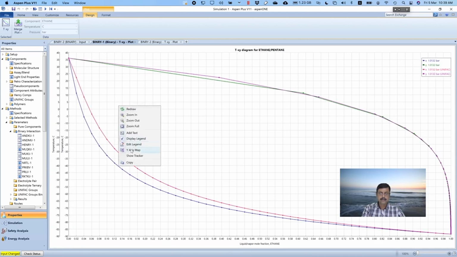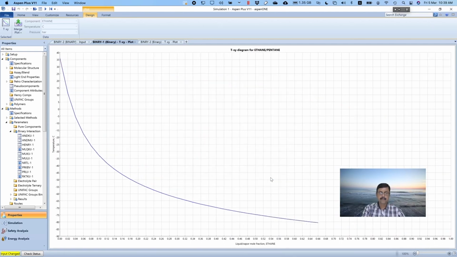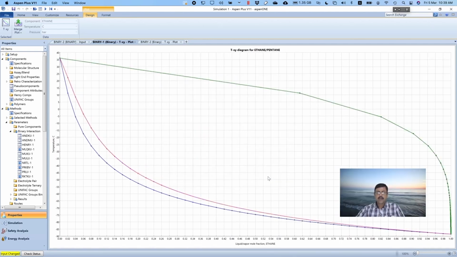Merge the axis also. So you can understand for ethane pentane binary mixture, whether you take ideal model or UNIFAC model, their TXY diagrams almost match with each other.